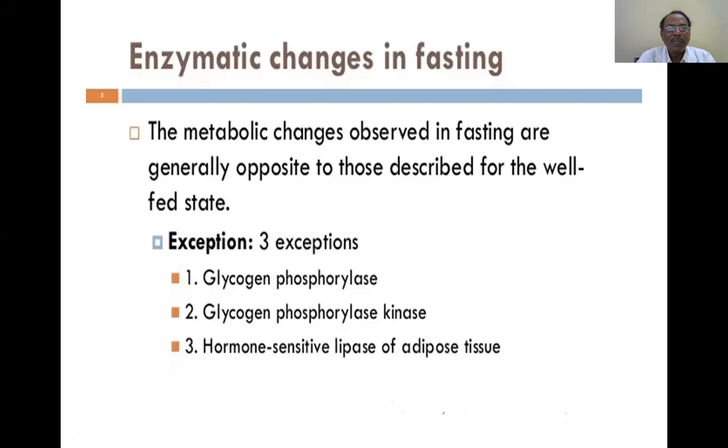Interruption. The metabolic changes observed in fasting are generally opposite to those described for the well-fed state. Exceptions, we said: glycogen phosphorylase. What does it do? It breaks down the glycogen to produce glucose. Glycogen phosphorylase kinases are the cascade of events which will connect the hormonal systems to glycogen phosphorylase.